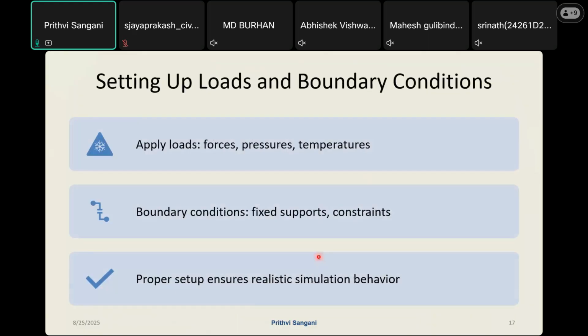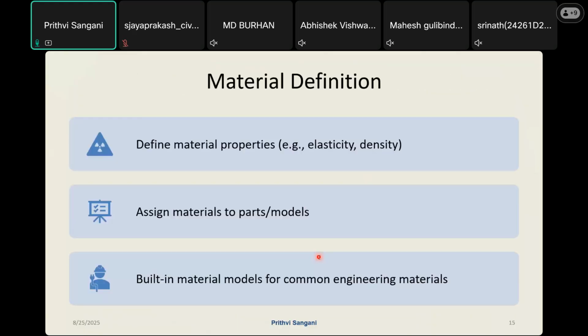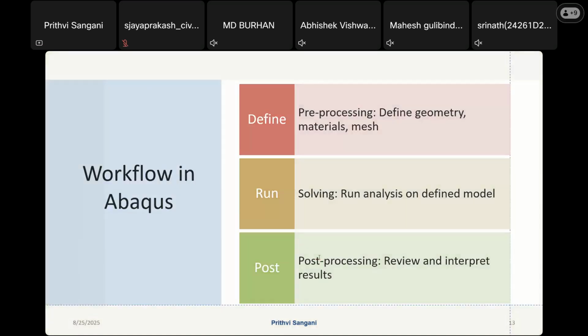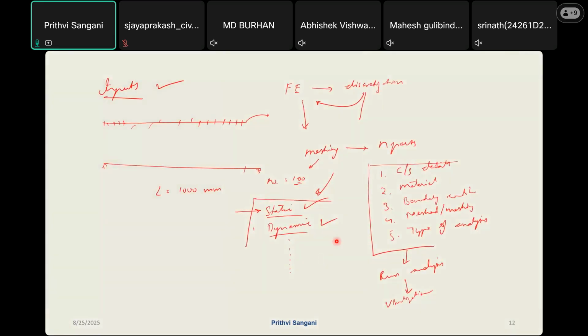What are our inputs? Inputs are cross-section details, material properties, boundary conditions, meshing, type of meshing, and type of analysis. So your end results are going to be influenced a lot by these inputs. So your inputs have to be as strong and as right as possible.